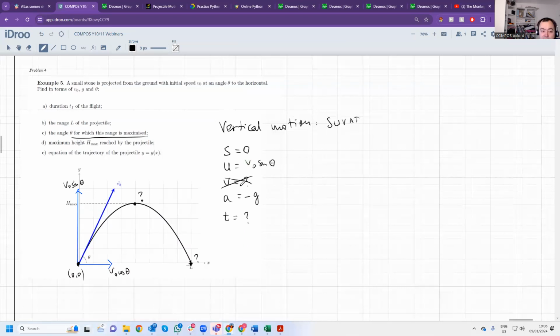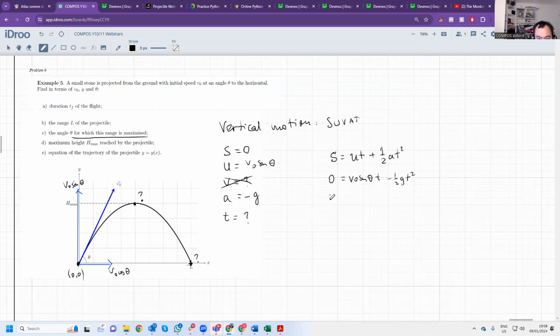So we need an equation that does not contain v, and we know that equation. S is equal to ut plus 1/2 at squared. And this is a Suvat equation without v. We substitute everything. So 0 equals v0 sine theta t minus 1/2 gt squared.